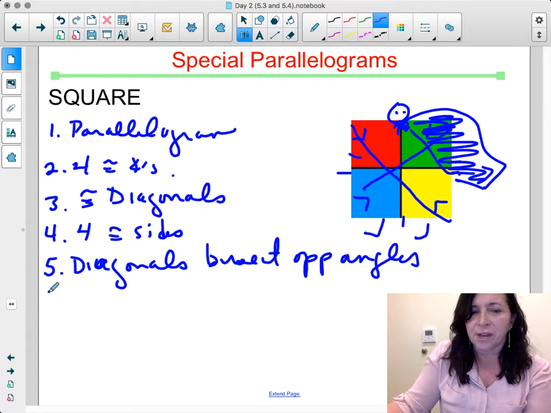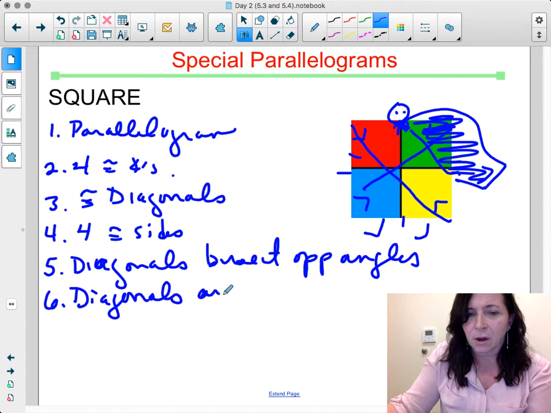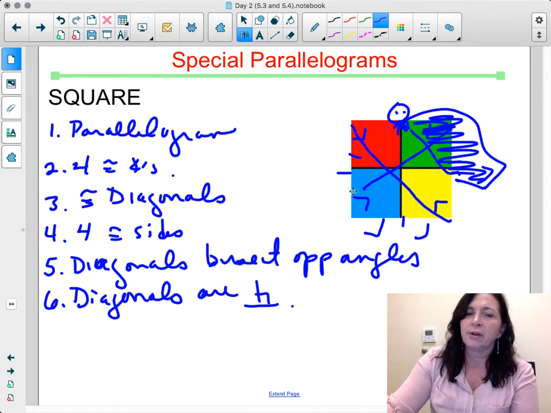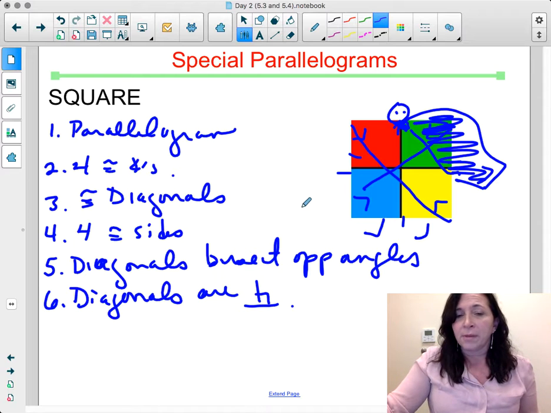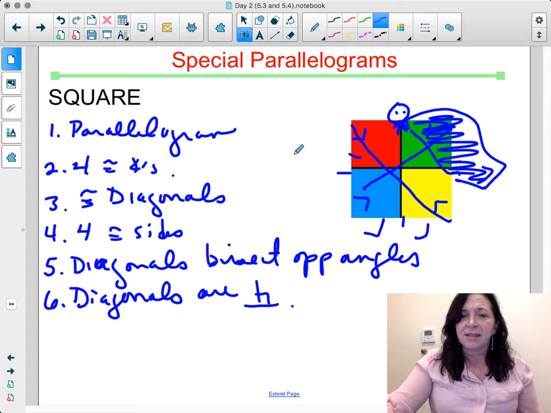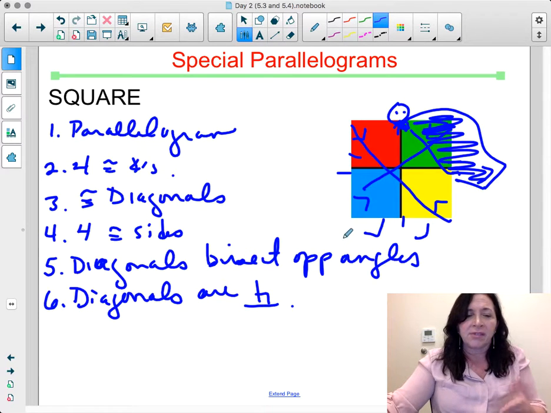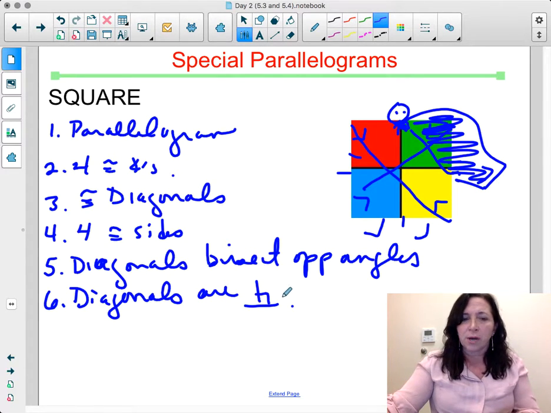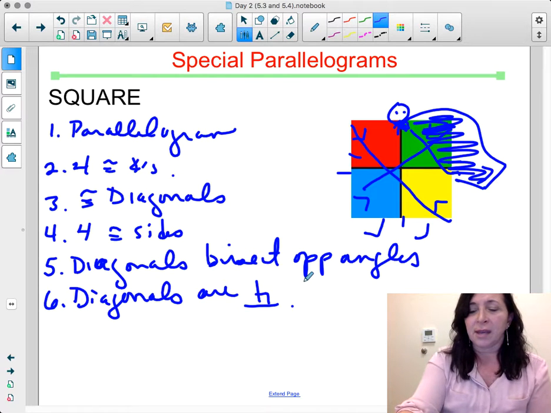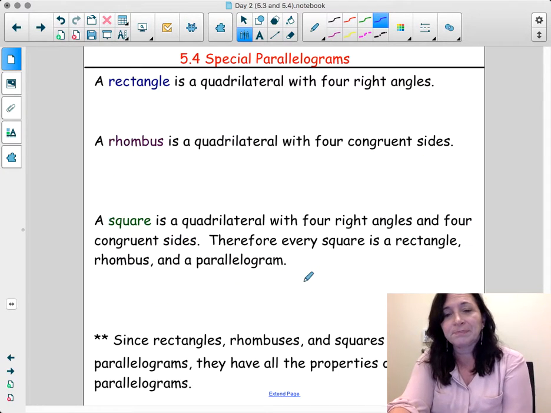And just like a rhombus, the diagonals are perpendicular. Now, every single characteristic that a rectangle and a rhombus have, a square has all of that. And so that makes a square everything. A square is a rhombus, a square is a rectangle. But a rectangle can never be a square, and a rhombus can never be a square.